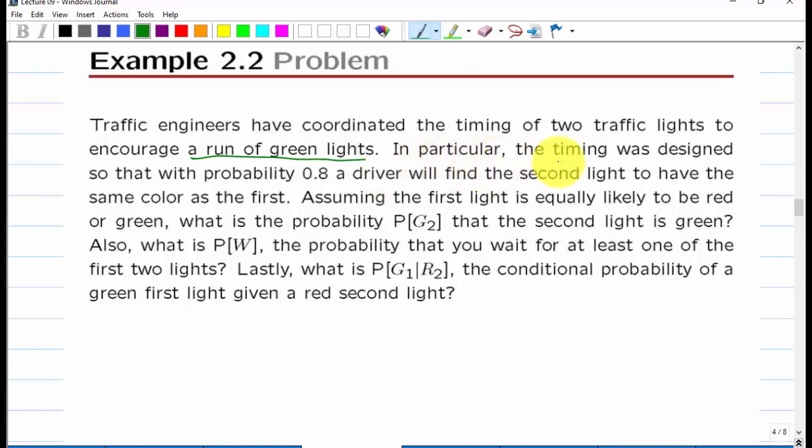In particular, the timing was designed so that with probability 0.8 a driver will find the second light to have the same color as the first. Assuming that the first light is equally likely to be red or green, what is the probability that the second light will be green? Also, what is the probability that you wait for at least one of the first two lights? Lastly, what is the conditional probability of a green first light given a red second light?